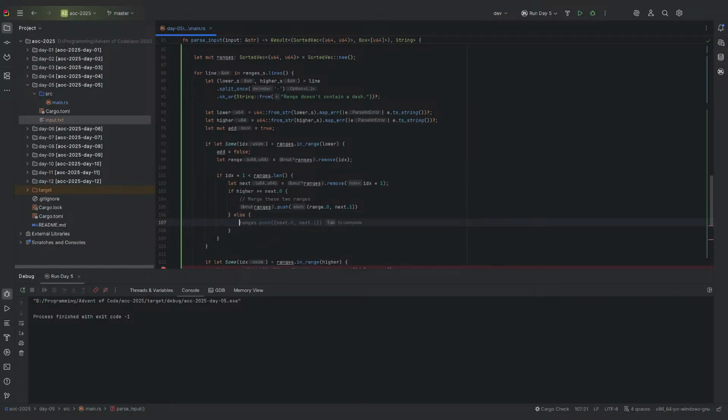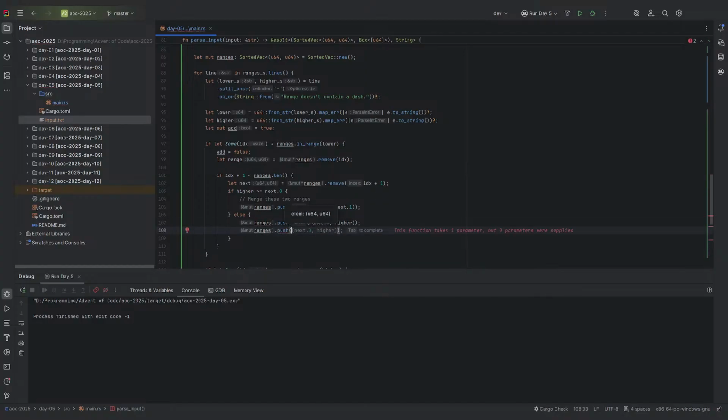If not, you can just also push with next. That will need to just be reinserted.